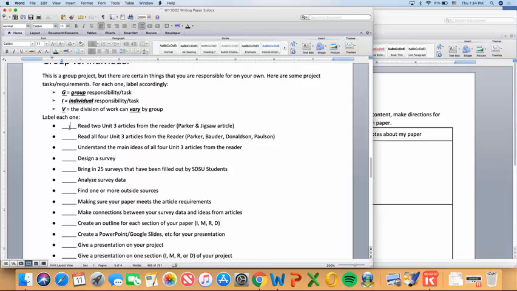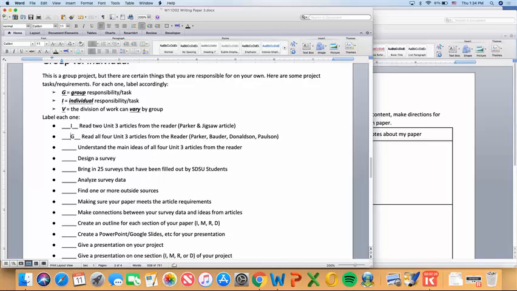Read 2 Unit 3 articles from the reader, the Parker and Jigsaw article. What level of responsibility is that? It's individual. Each person had to read the 2 articles. How about read all 4 Unit 3 articles? That's group.